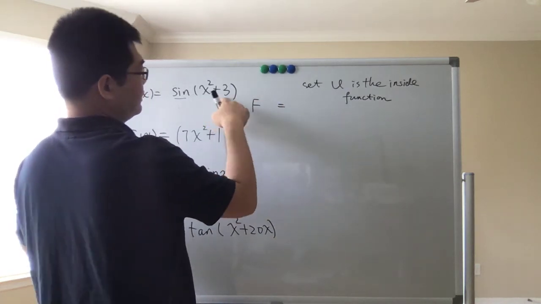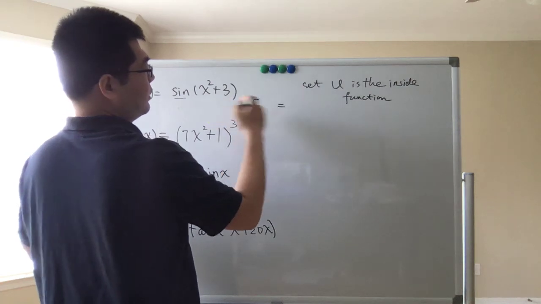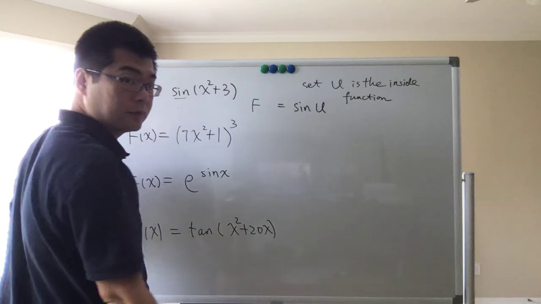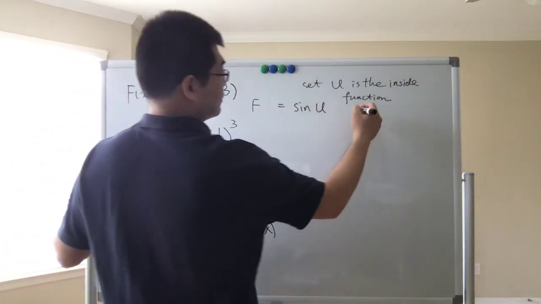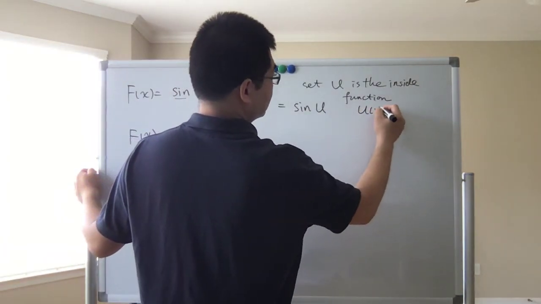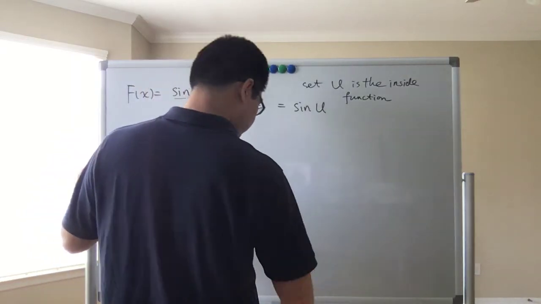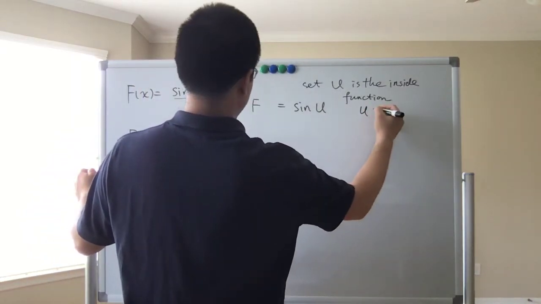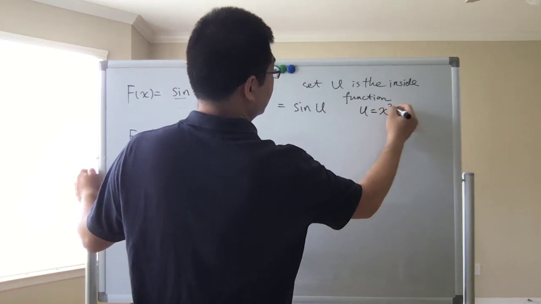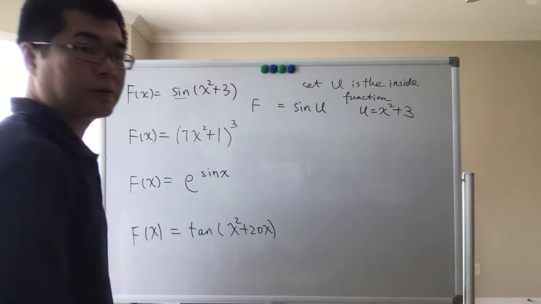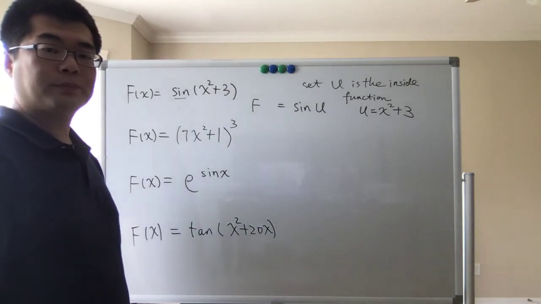I know that my inside function is x squared plus 3, so this is going to be sine of u, okay? And also I know that u equals x squared plus 3, okay?